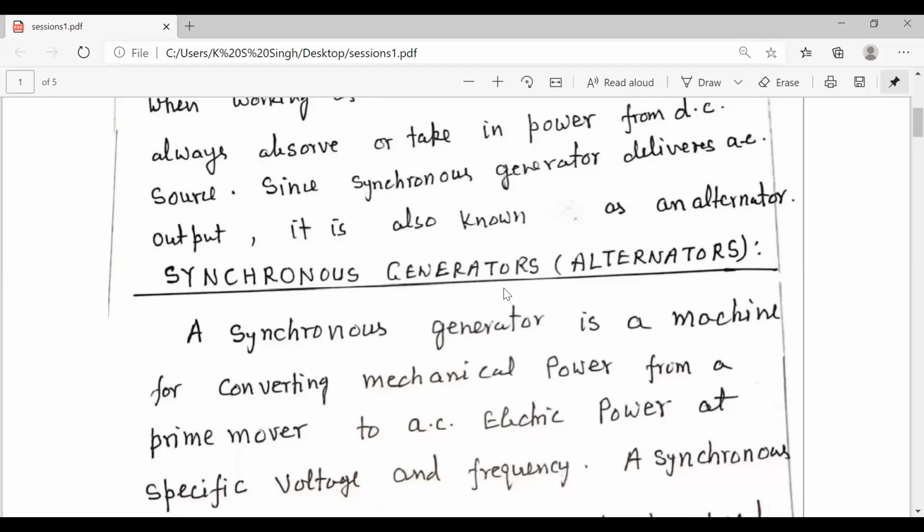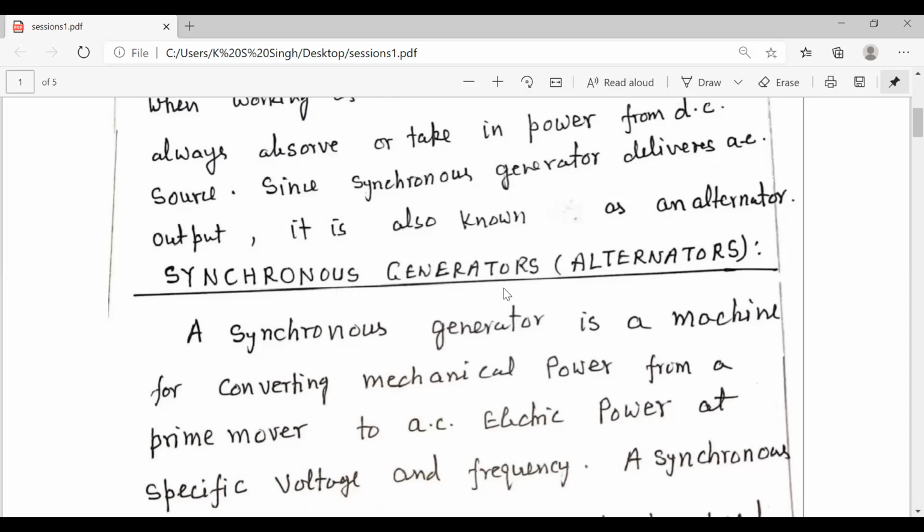In the case of AC generators, it takes mechanical energy from a prime mover and gives electrical output power. So first we take the synchronous generator, also known as an alternator.